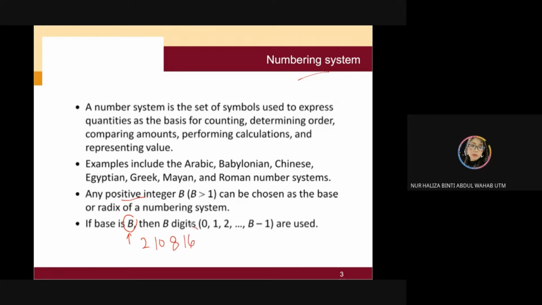These are the normal numbering systems that you're going to use: binary, decimal, octal, and hexadecimal.